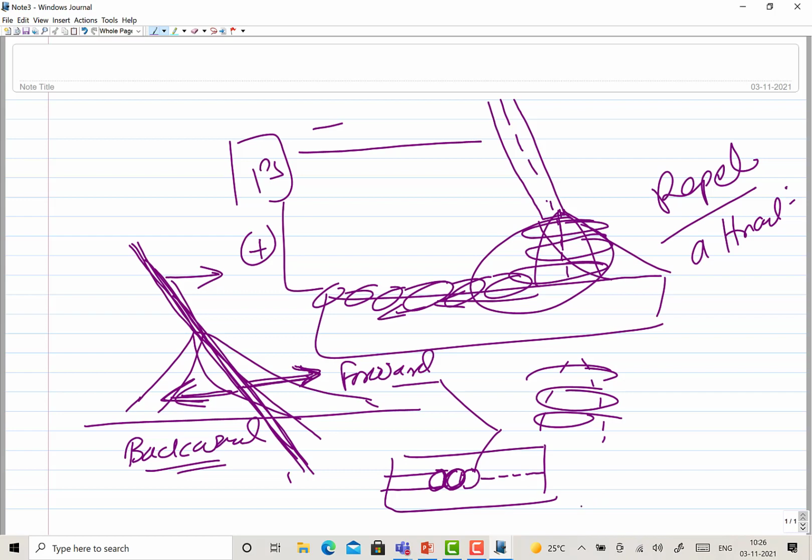So what is arc blow? It is just the deflection of the arc from its axis. It is not moving in the direction of its axis, but deflecting either in the forward or backward direction, and that is happening primarily due to the interaction of the electromagnetic fields. Since we are using DC, the direction and magnitude of the current remain the same, so they will keep on interacting with each other.